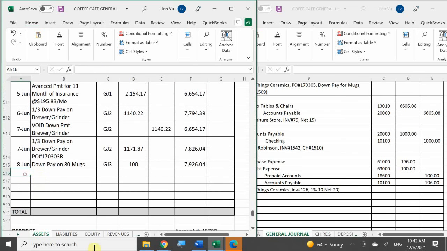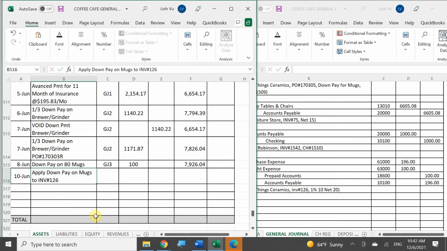I'm going to apply down payment on mugs to invoice number 126. General Journal 3. And because I'm applying the down payment, I'm going to credit the account for 100 to bring it now back down to $7,826.04.